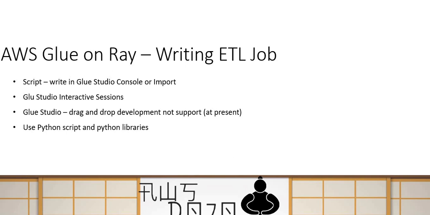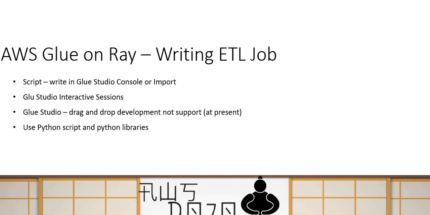You can also do interactive sessions with Glue Studio. So I'm going to show you how to start the interactive session, but I'm not going to show that demo in detail. But I will show you a Glue job which I write in the console.